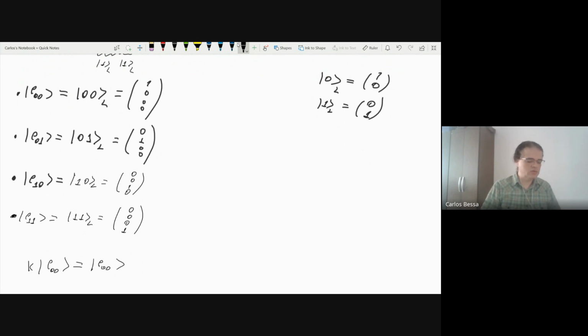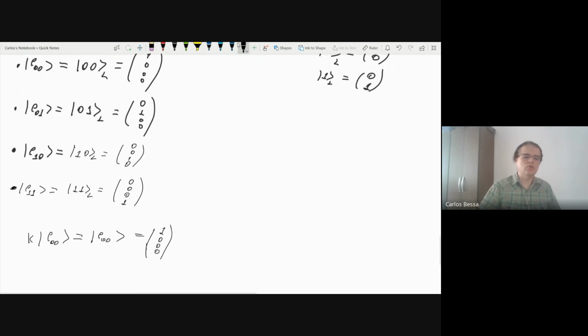Which in the matrix notation is this. I know that K applied to 0, 1 does nothing, remember? K will just change the 1, 1. So K applied to 0, 1 gives E01.